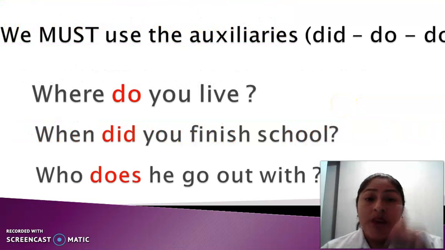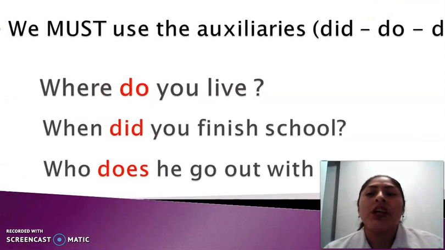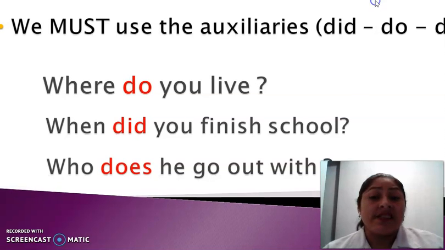So we must use the auxiliaries, for example, did, do, and does also. Okay? So it's necessary that you use the auxiliaries.